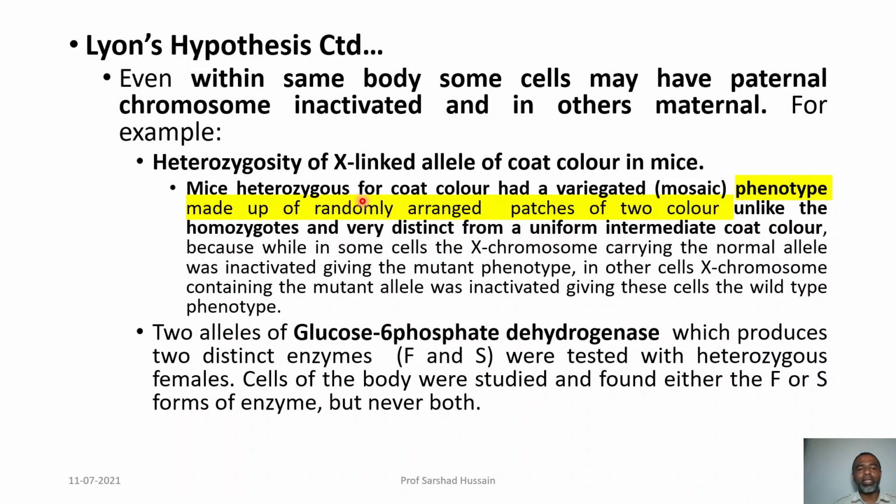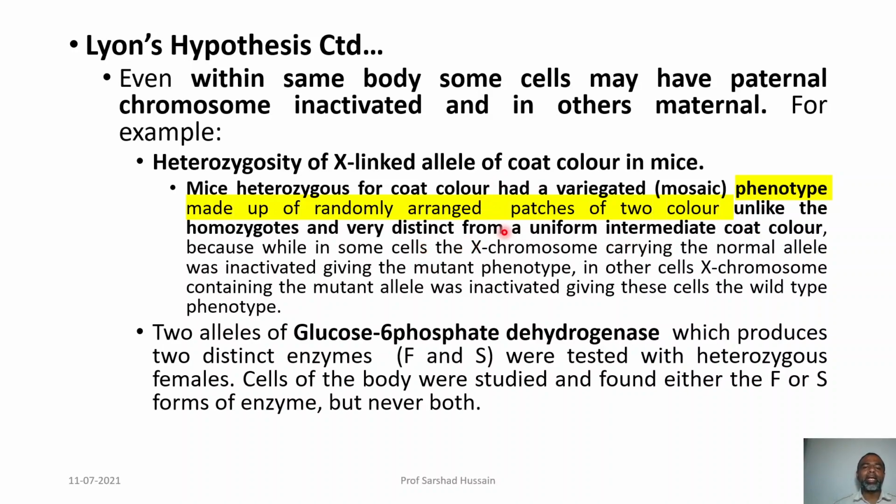But here we have seen that they are not having a uniform intermediate coat color. Some body parts are showing one type, some are showing a different type, and the whole body is not showing the intermediate uniform type of color which could be the result of co-dominance of the alleles of both X chromosomes.